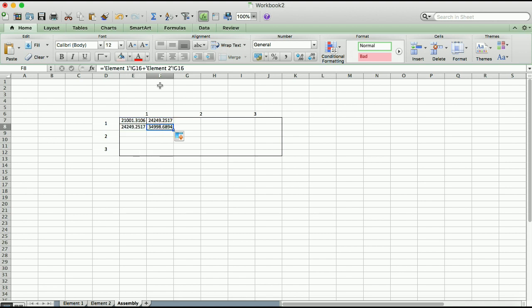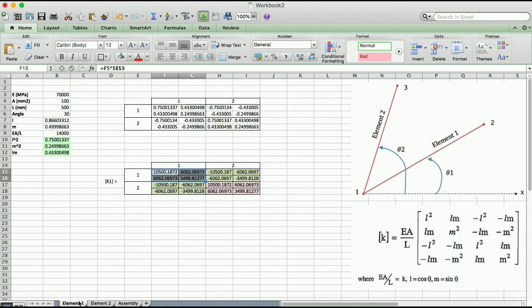So if I double check it, this room, for example, takes G16 from element 1 and G16 from element 2, which are these two numbers.